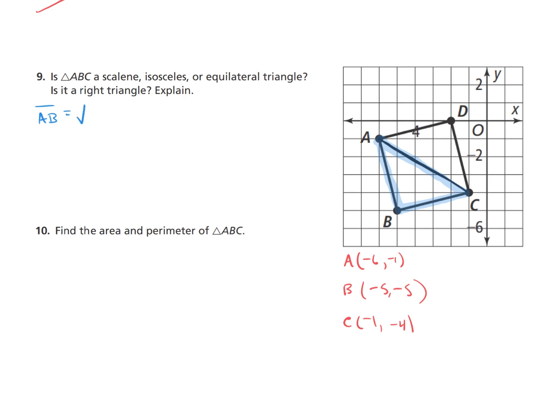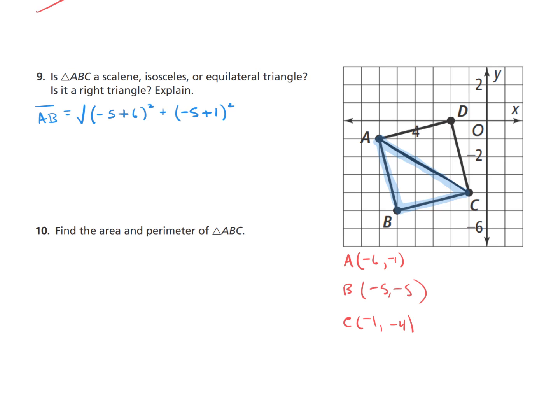So that's the square root of, distance formula is the square root of, in our first parentheses, x2 minus x1. So I'm just going to subtract the x's from points A and B. So we have -5 minus a -6 turns into +6. That gets squared. Plus, now we're going to subtract our y's. -5 minus a -1 turns into +1.